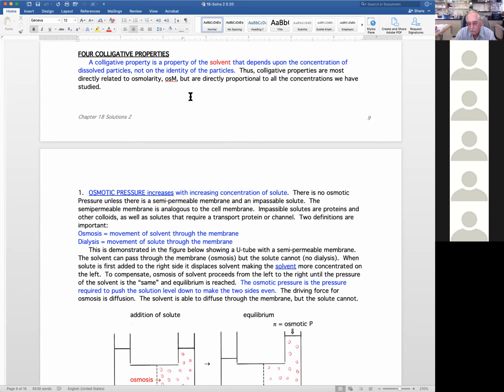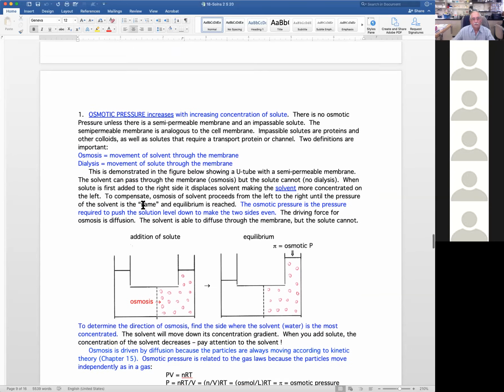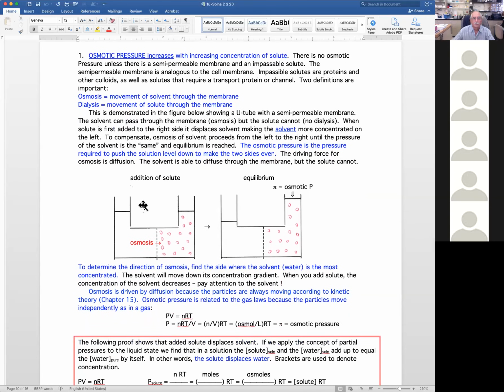Every single concentration is directly proportional to the other concentrations. But it is more closely correlated to osmoles per liter. So the first one we'll look at is osmotic pressure. And this increases with increasing concentrations of solute.